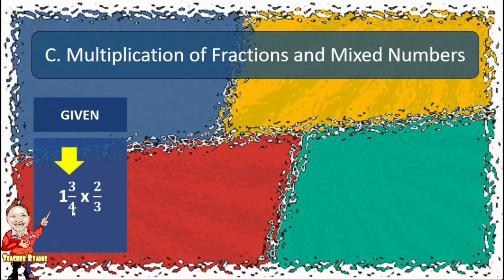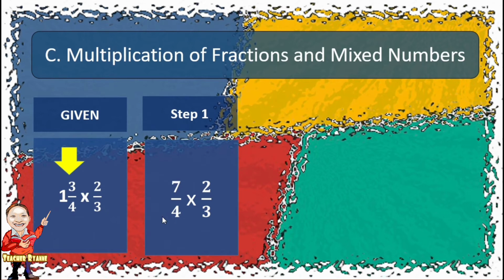We will multiply the denominator by the whole number, then add the numerator, and copy the denominator 4. So 4 times 1 is 4 plus 3 is 7. 7 over 4. So we will come up with 7 over 4 times 2/3.